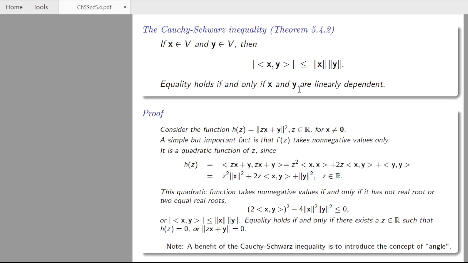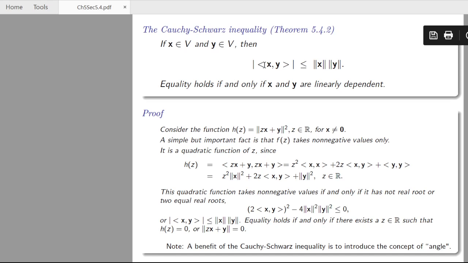The benefit of the Cauchy-Schwarz inequality is that it gives us a chance to introduce the concept of angle for two vectors in an inner product space V. Because from this inequality we can say if both x and y are non-zero, then we can divide both sides by this product.